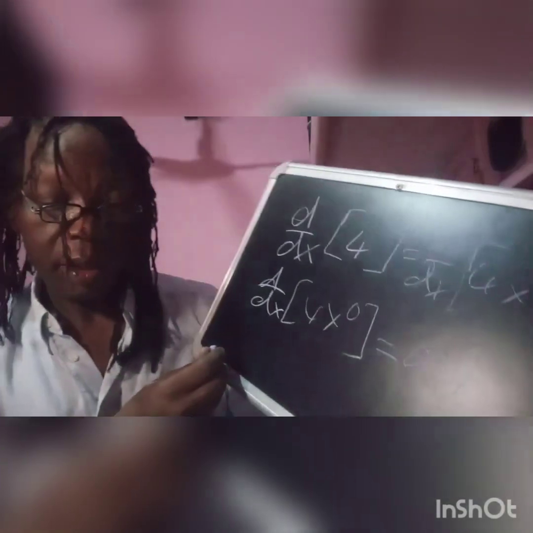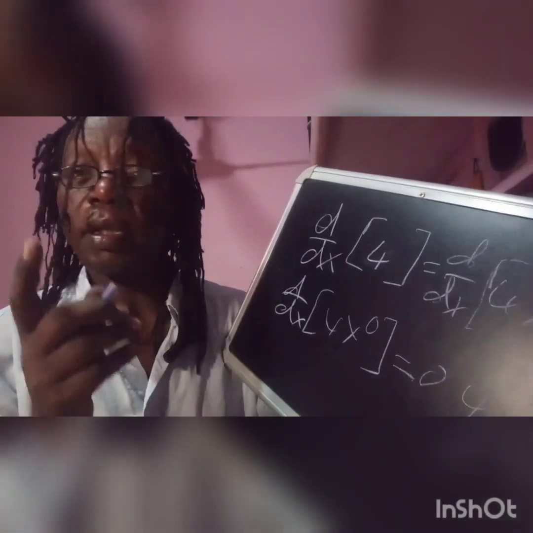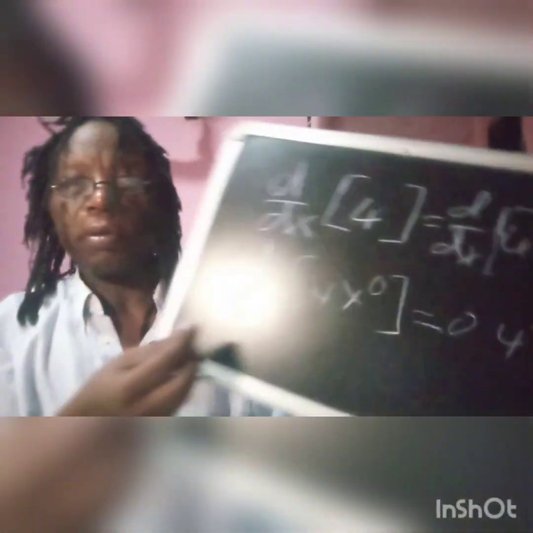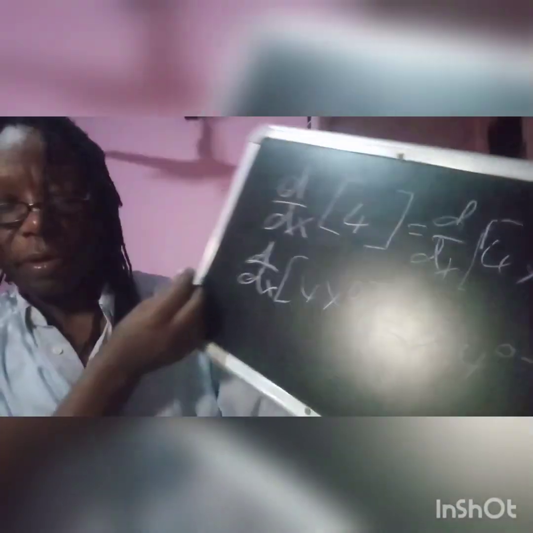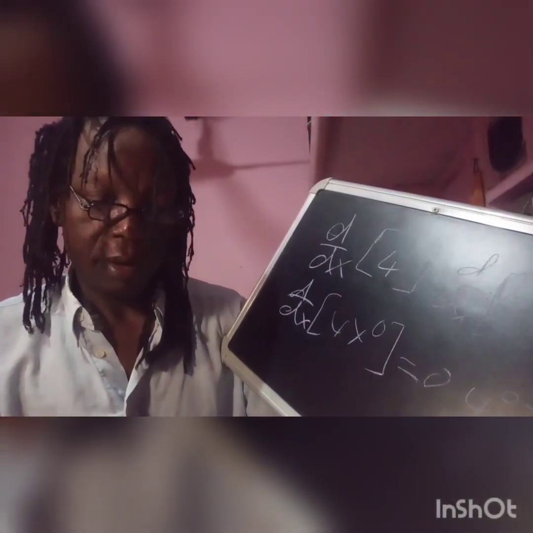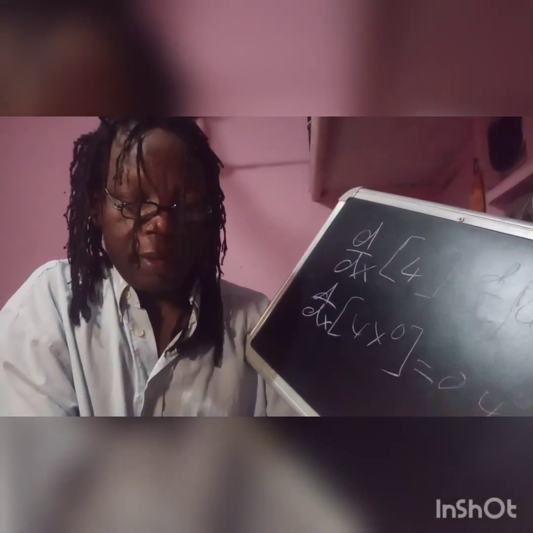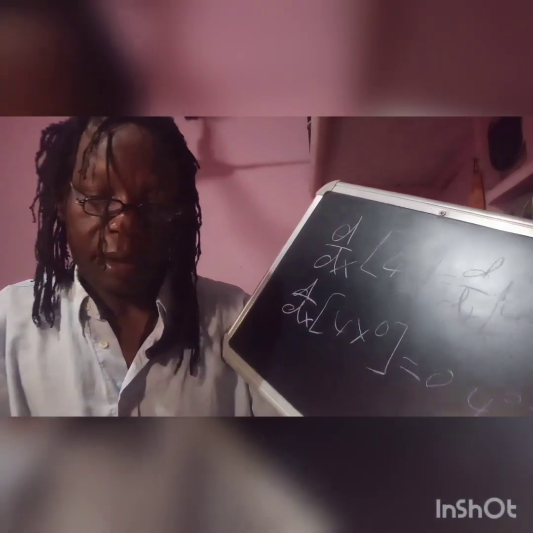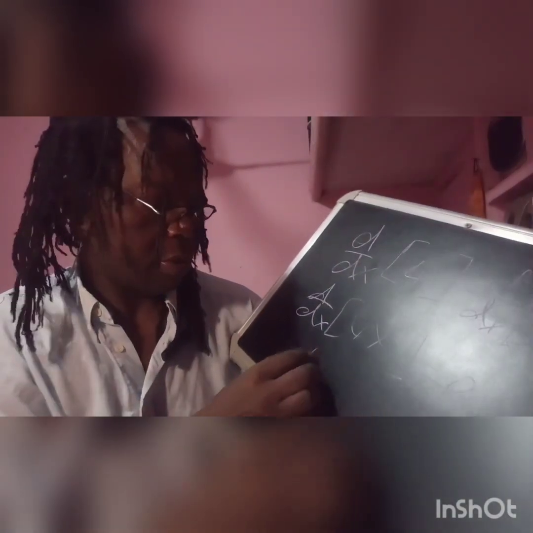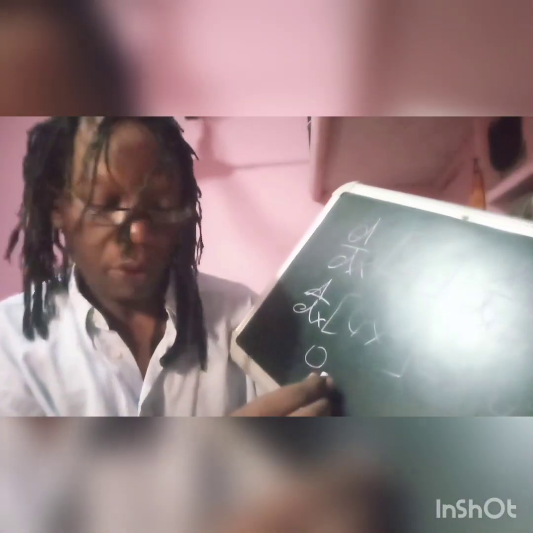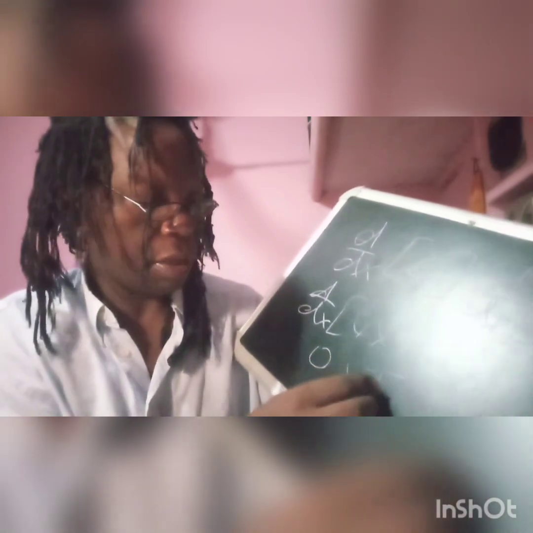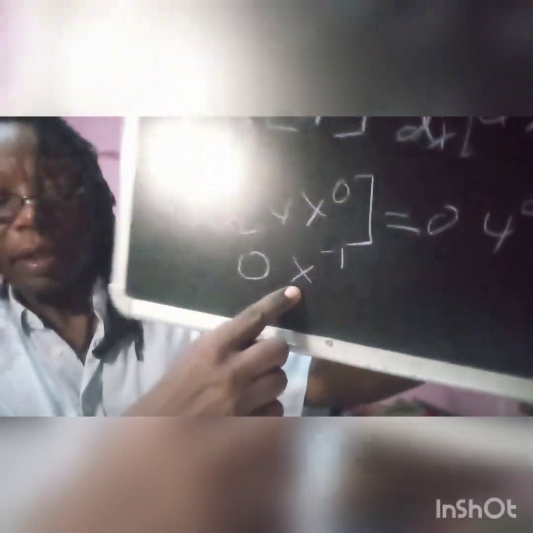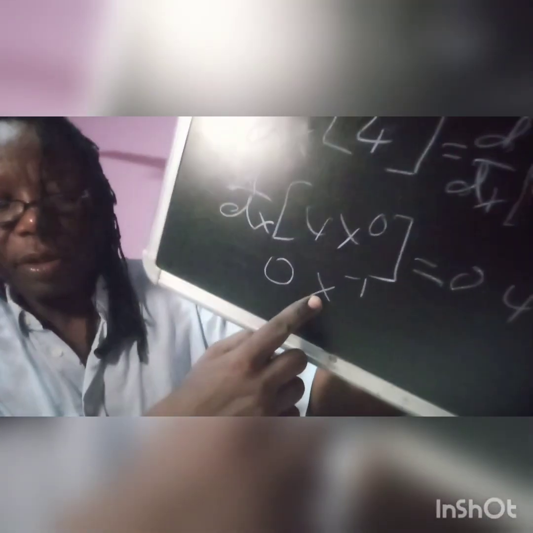When you do that, the exponent is 0, and you have to subtract 1 according to the power rule. So what will this give you? It gives you 0 times x raised to the power negative 1. The coefficient is 4, and 4 times 0 is 0.